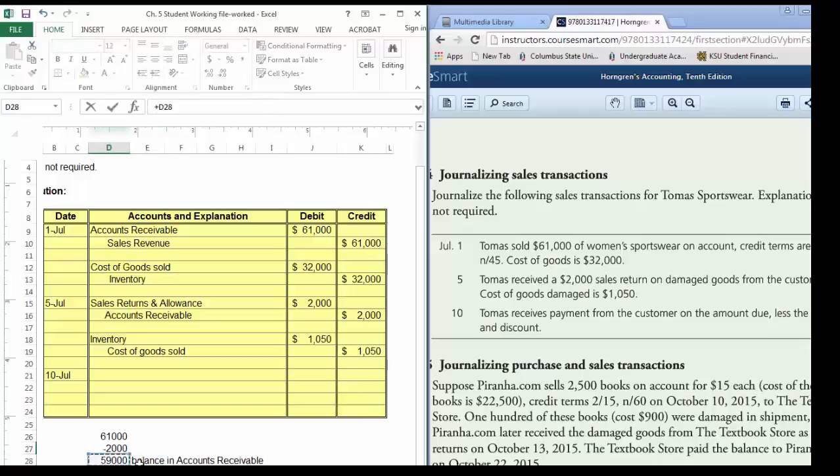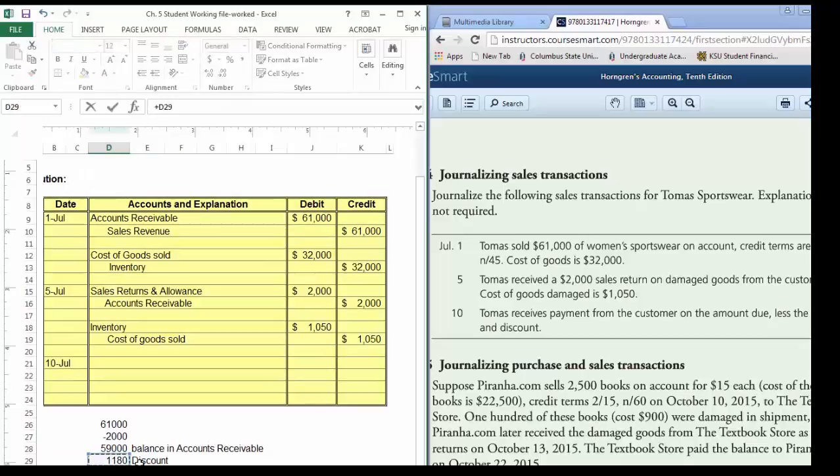And I'm going to calculate what my discount is. So my discount is 1,180. And so the cash they are receiving is the difference between the two. So 59,000 minus the discount. This is the cash I'm going to get.